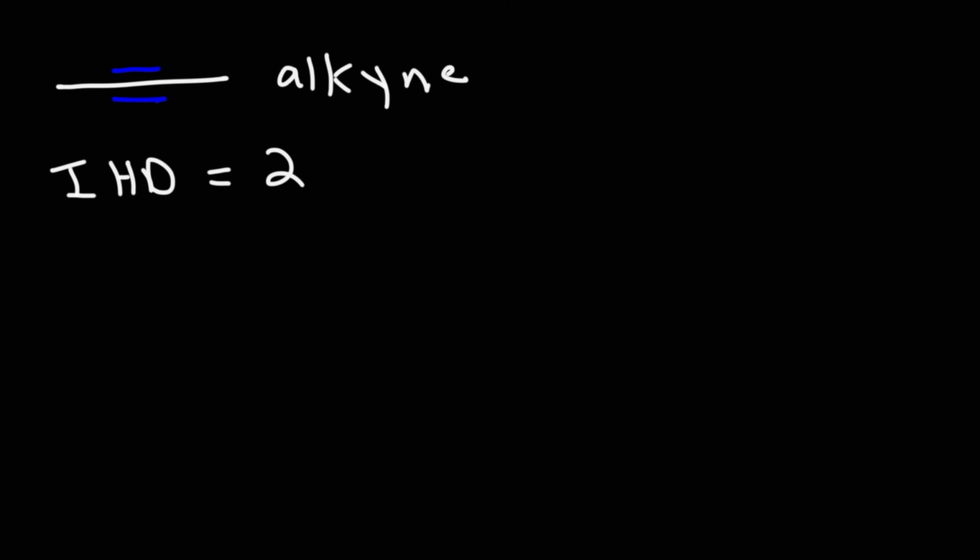Now, whenever you have a triple bond, you're dealing with an alkyne. If the triple bond is in the middle of the chain, it's an internal alkyne. If it's at the end of the chain, it's called a terminal alkyne. The IHD, the index of hydrogen deficiency, for a triple bond is 2.